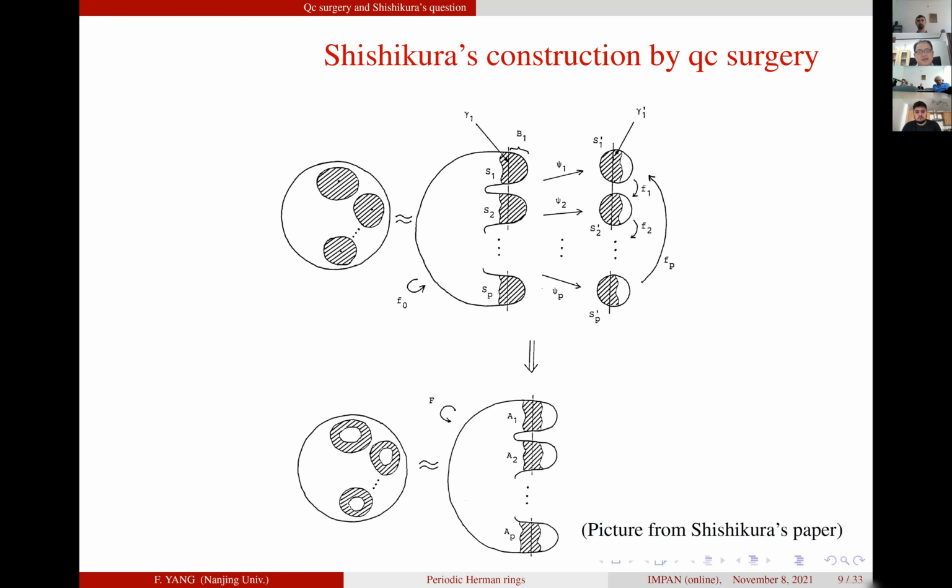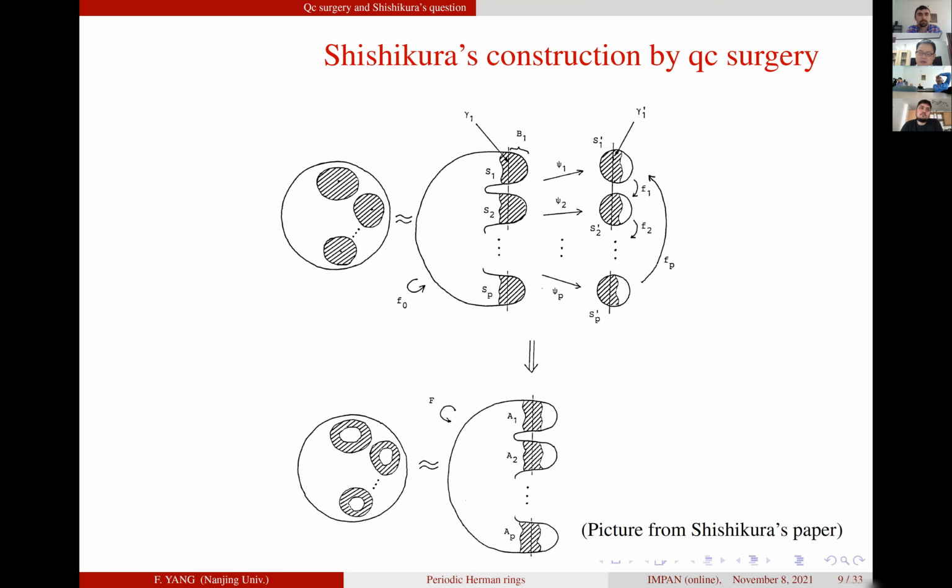This surgery has some flexibility. It means that the Herman rings need not be symmetric about some circles. But it also has a problem: if a Herman ring has no symmetries, then it is hard to find its formulas.